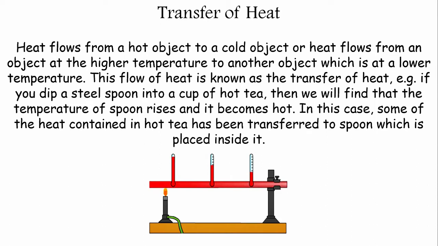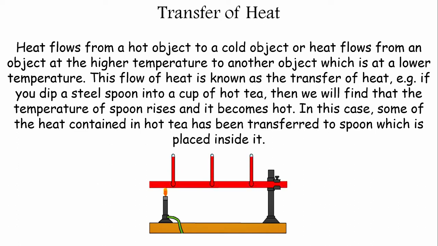For example, if one object has 5 degrees Celsius and the other object has 2 degrees Celsius, then the object which has 5 degrees Celsius transfers heat to the other object, and both mutually make the temperature the same. This flow of heat from one object to another object is known as transfer of heat.